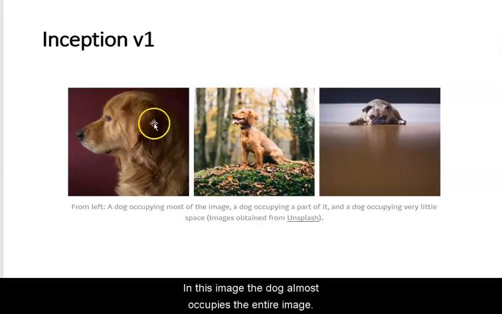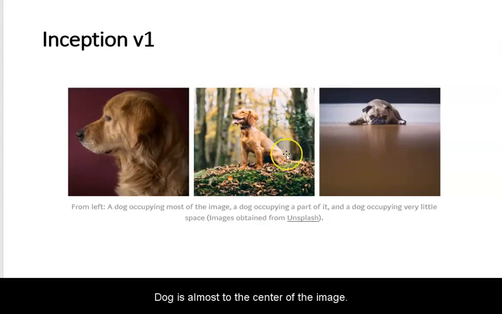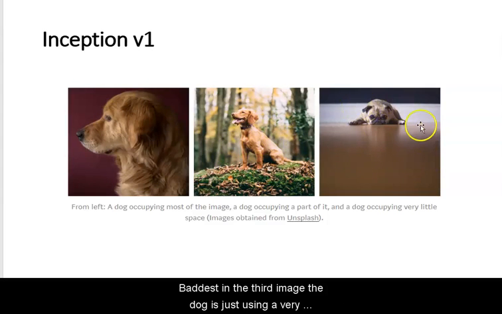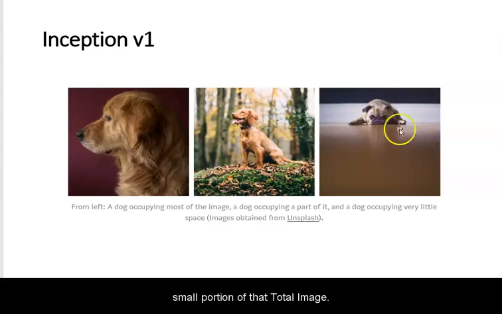In the first image, the dog almost occupies the entire image, whereas in the second photo, the dog is almost at the center of the image, whereas in the third image, the dog occupies just a very small portion of the total image.